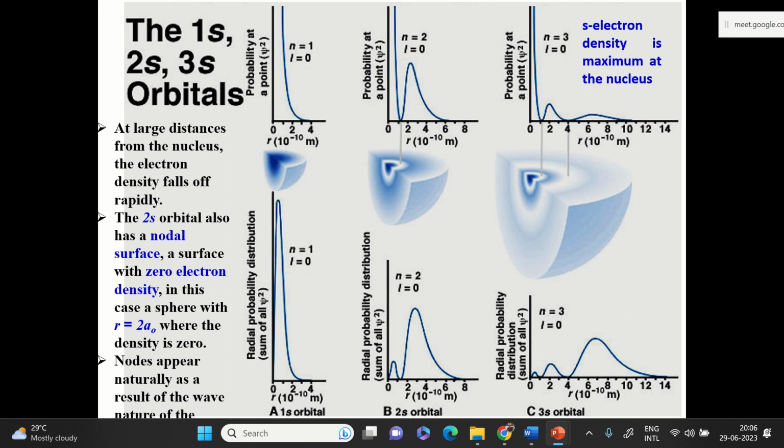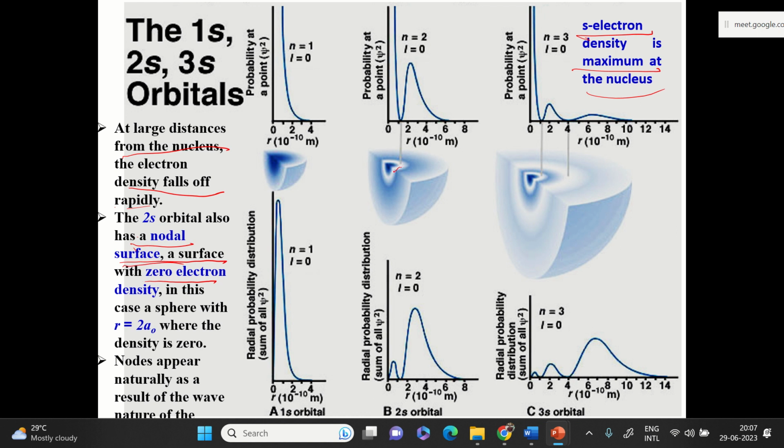So these are the points that already, s electron density is maximum at the nucleus. At larger distance from the nucleus, the electron density falls off rapidly. You saw that nodal surface. 2s orbital also has a nodal surface with a 0 electron density.